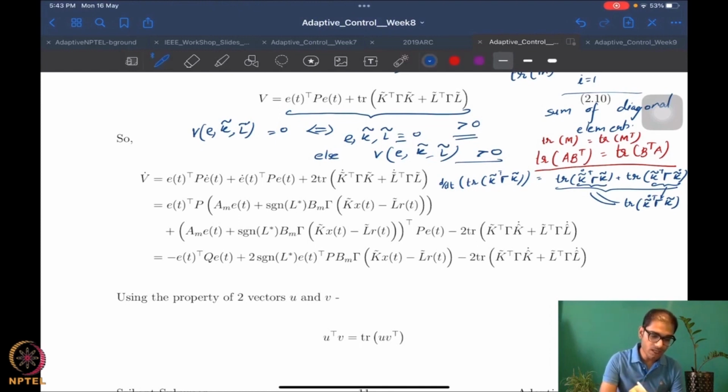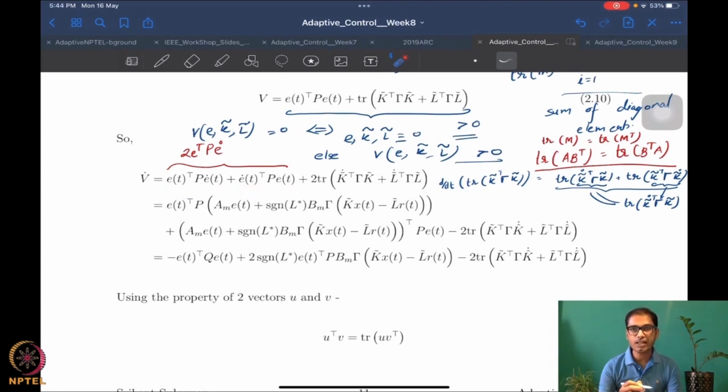This could also be written as twice E transpose P E dot. Why? Because this is a scalar, and the transpose of a scalar is the same scalar. Therefore, I'm free to take the transpose of any term. This is a trick we use regularly in all our Lyapunov analysis for vector equations. V is a scalar, so each term is a scalar.